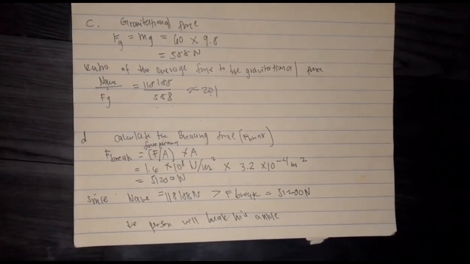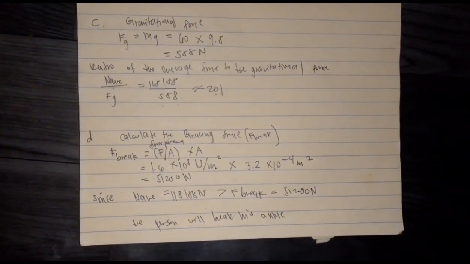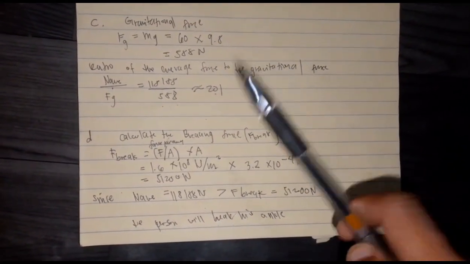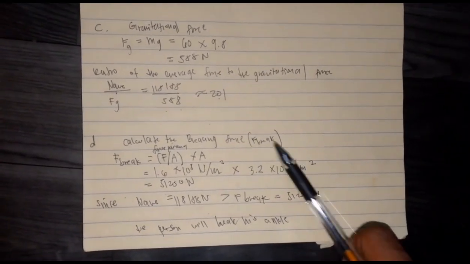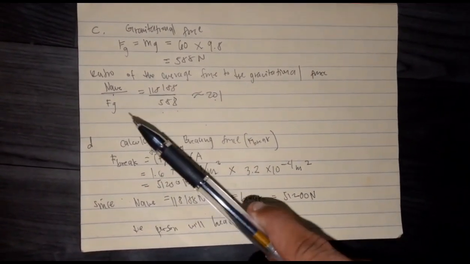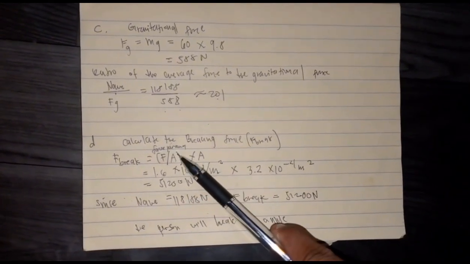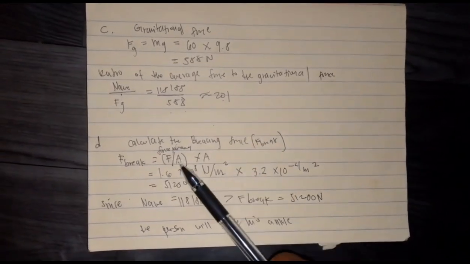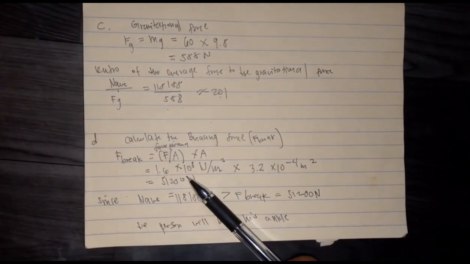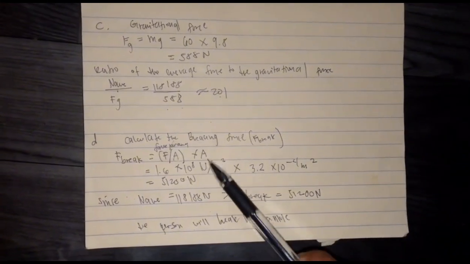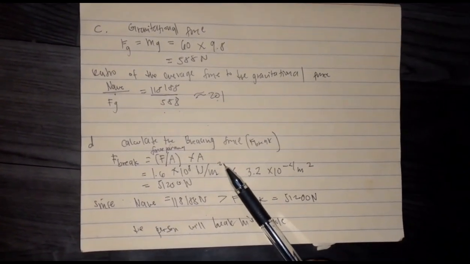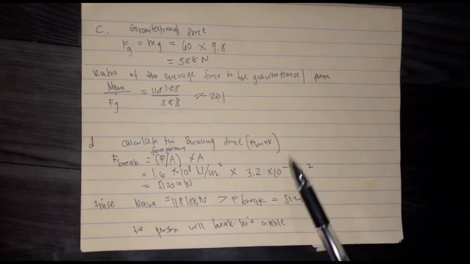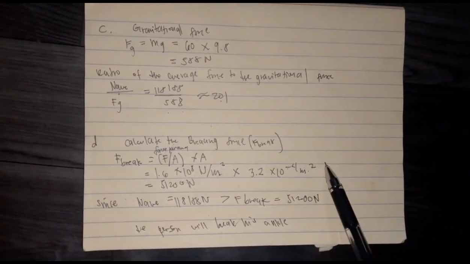Next, letter D. Will the person break his ankle? First, we need to calculate the breaking force or the F brake. F brake is equal to force per area times the area. The force per area is 1.6 times 10 raised to the power of 8 newtons per meter squared, while our A is 3.2 times 10 raised to the power of negative 4 meters squared.